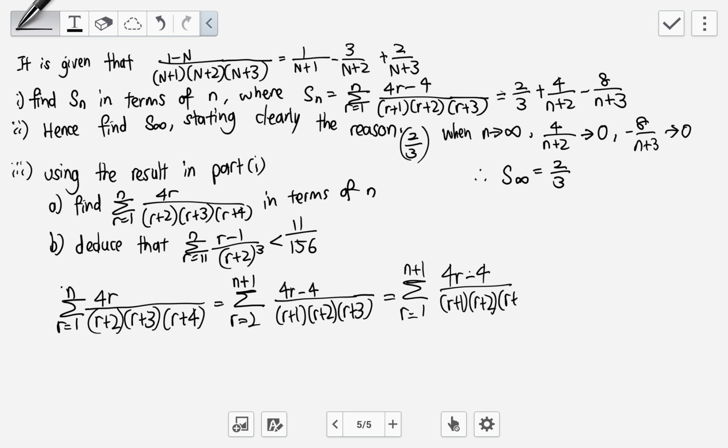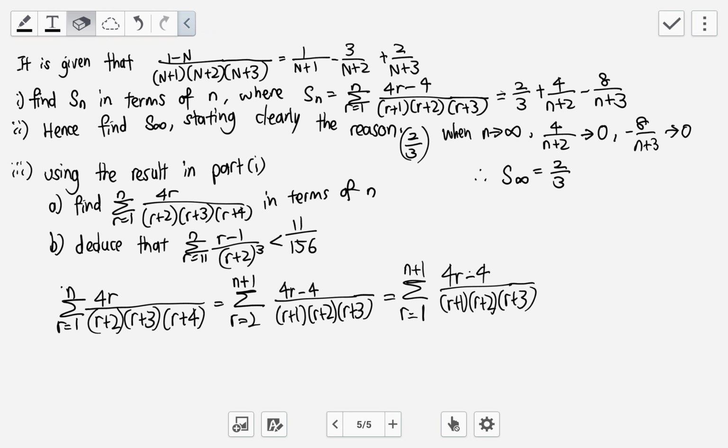When I change it to this, I'm adding an additional term, the r equals 1 term, so I need to minus it away. But when I substitute r equals 1 inside, I get 4 minus 4, which is 0. So the first term actually doesn't matter. Whether I change it to r equals 1 or r equals 2 means the same thing.